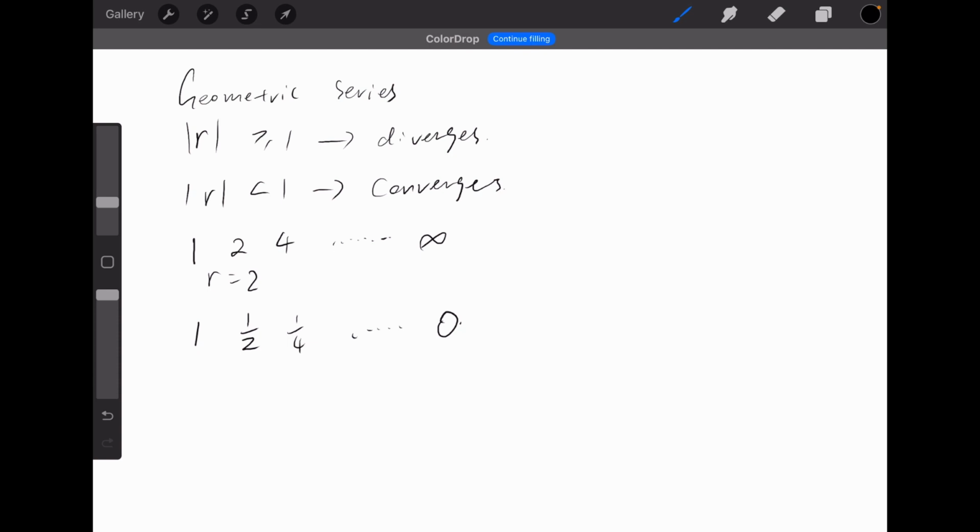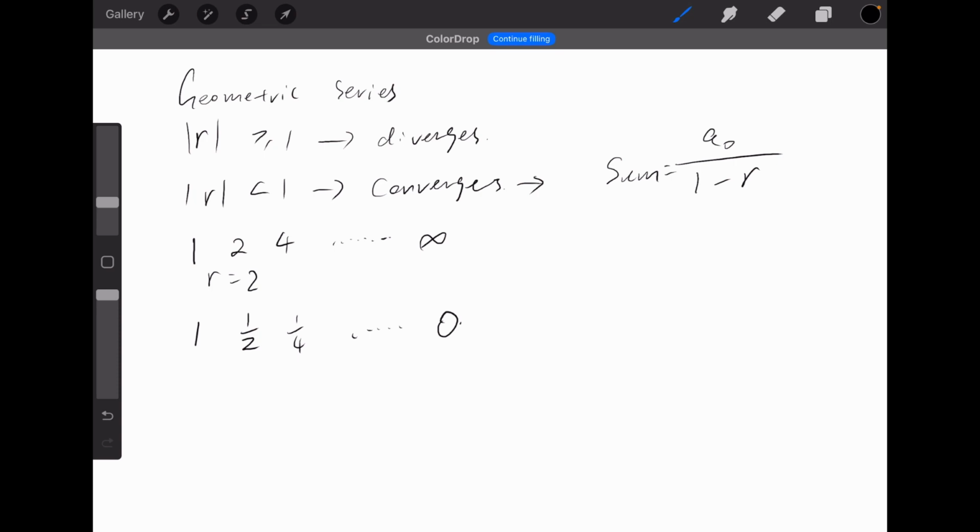And just one more thing to mention is that when the R is smaller than 1, the sum equation would look like this: the first term over 1 minus R.